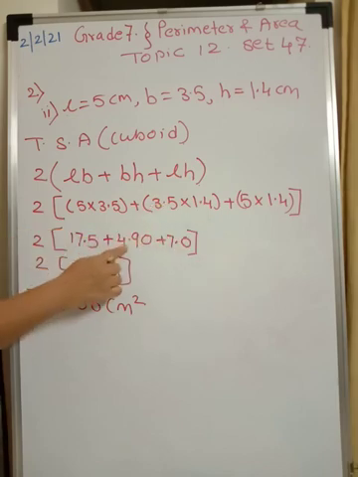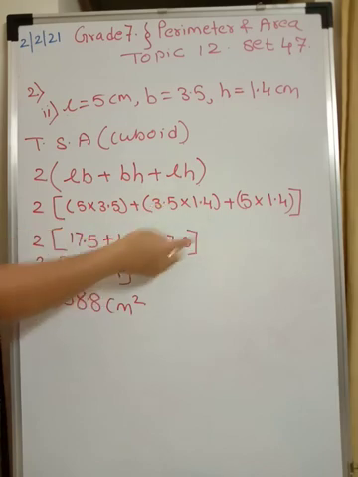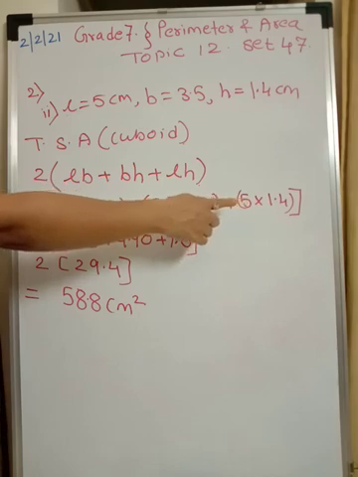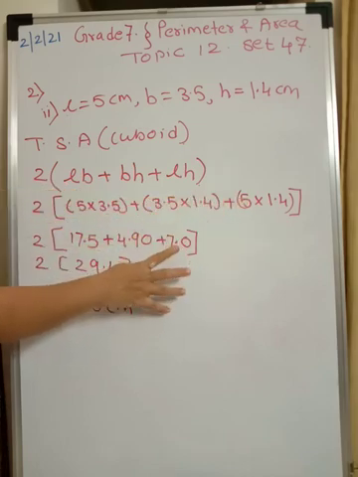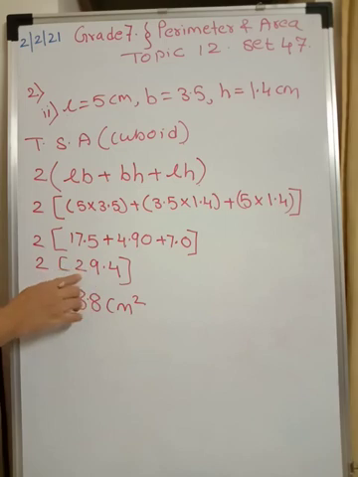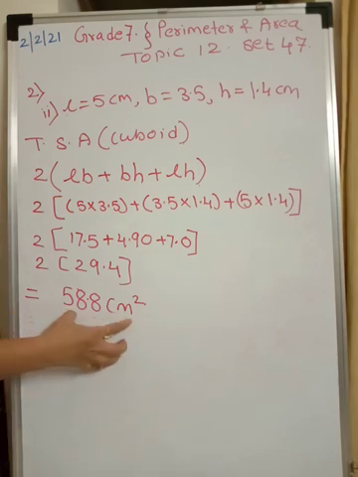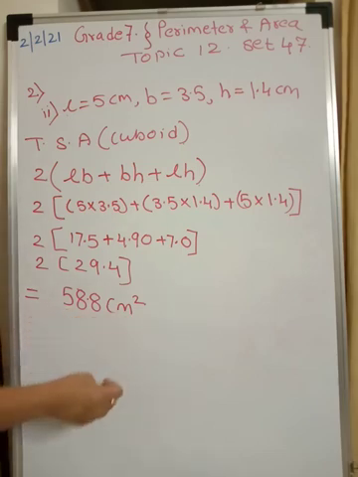This multiplication comes out to be 4.90 or simply 4.9. 1.4 into 5 is 7.0 or only 7. Add up all this, it comes out to be 29.4. 29.4 into 2 will give you 58.8 centimeters square. So this is the total surface area of cuboid.